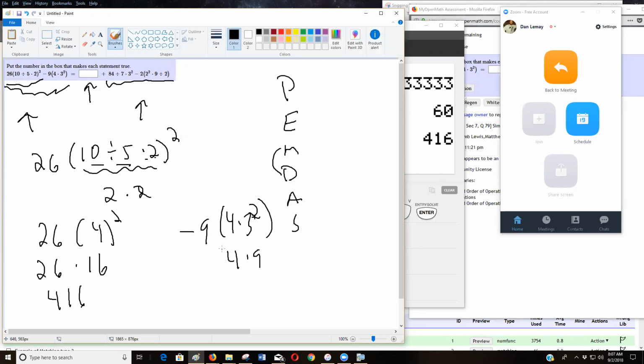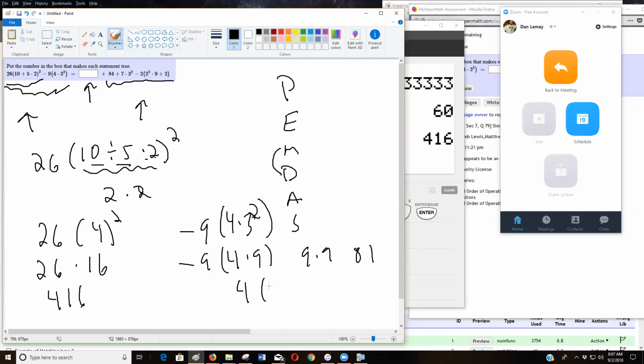So 4 times 9, let's see. I could probably use a calculator, but I'm going to try to be a little smarter than that, just so I don't have to type it in. Remember the commutative property of multiplication? If I'm multiplying, I can multiply in any order I want. So I can go 9 times 9 and get 81. And then that's just 4 times 81.